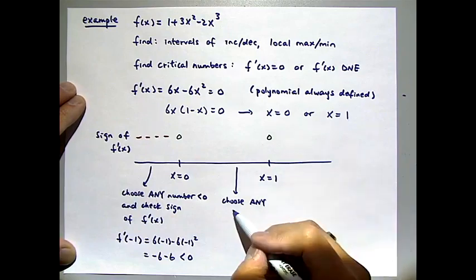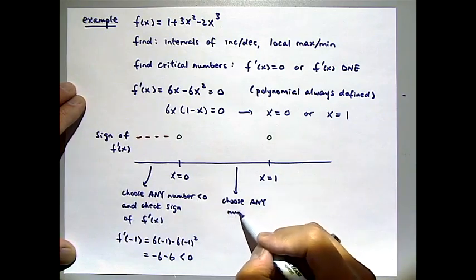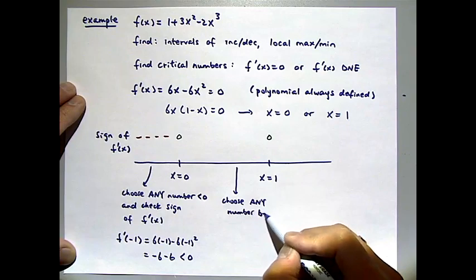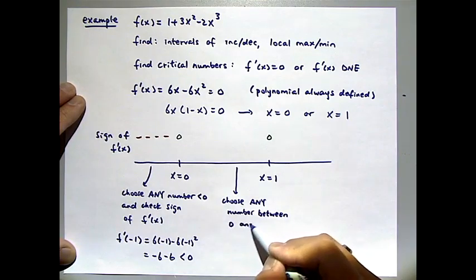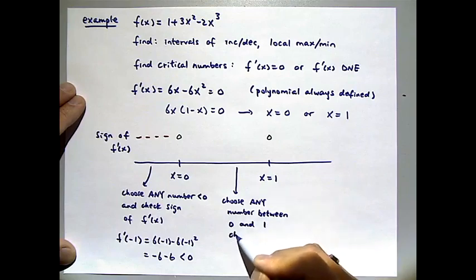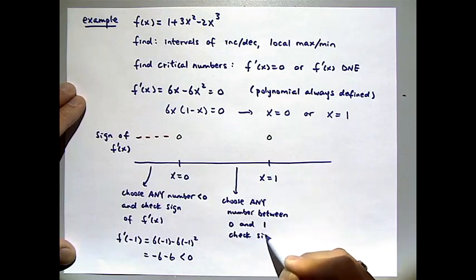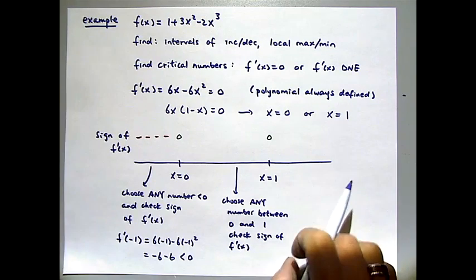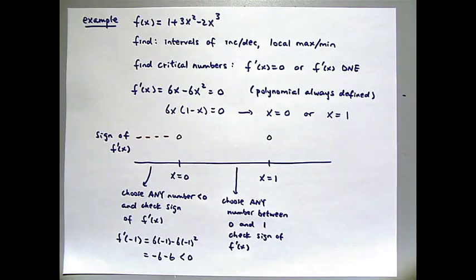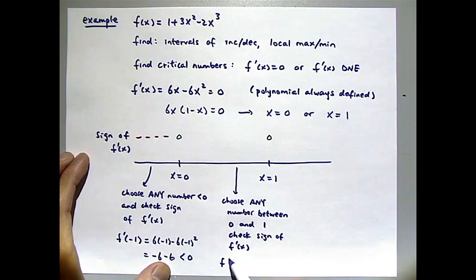Here we choose any number between 0 and 1, and then check the sign of f prime. Any number is good, just not 0 and not 1. Anything in between is entirely fine. So I'm going to choose 1/2.